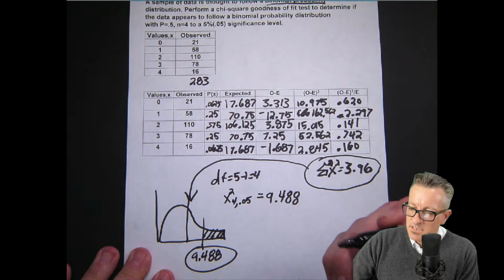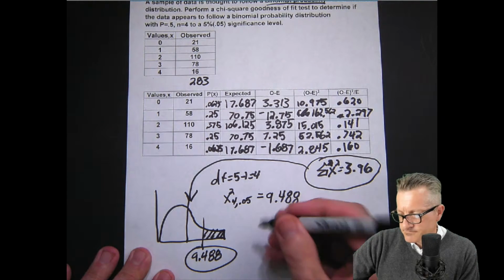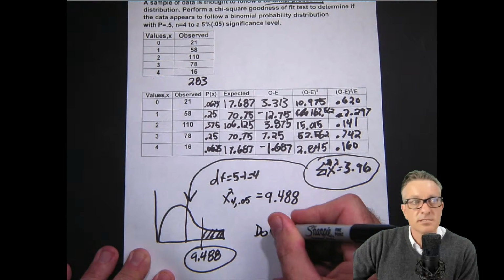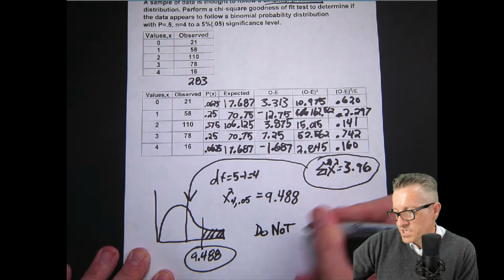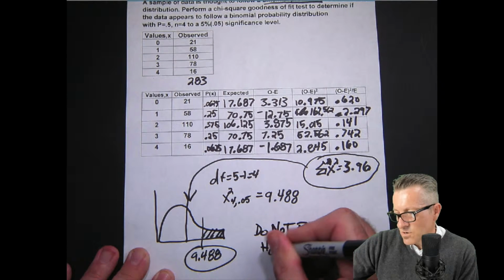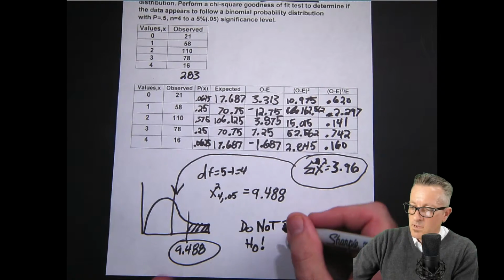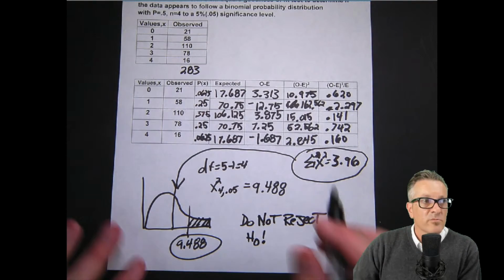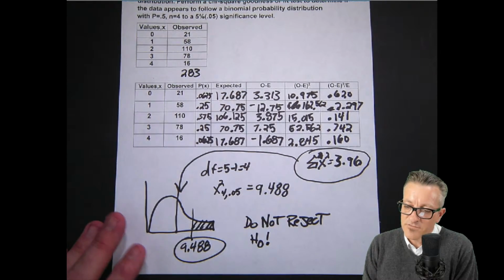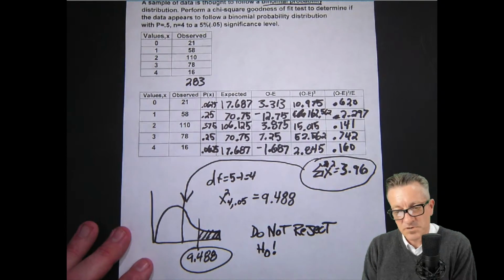So what that means is, it appears we're going to write down, do not reject H0. It appears to follow the binomial, which is what it means. So, do not reject H0. It appears to follow the binomial probability distribution.